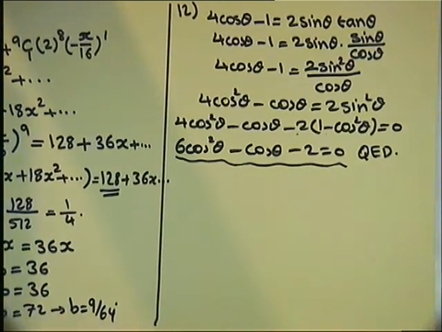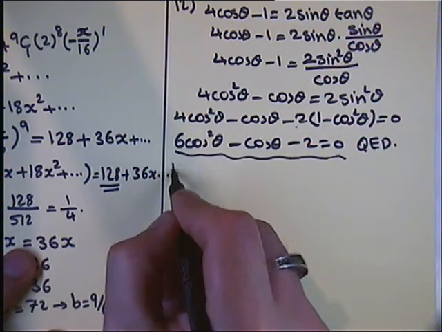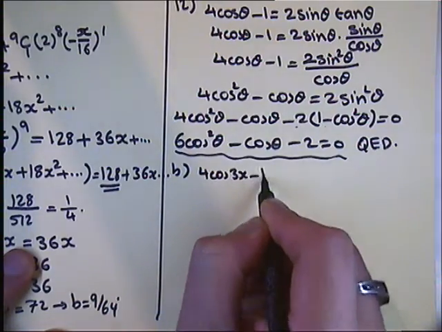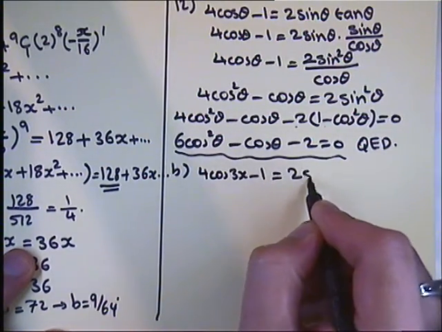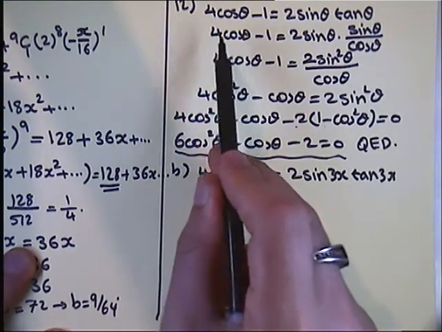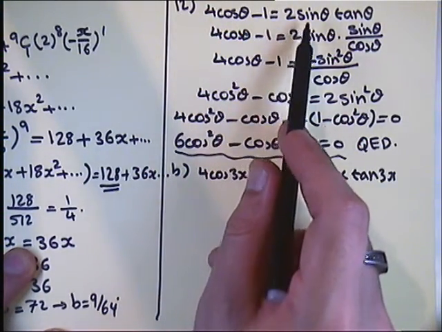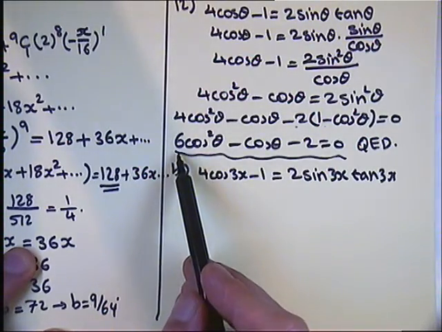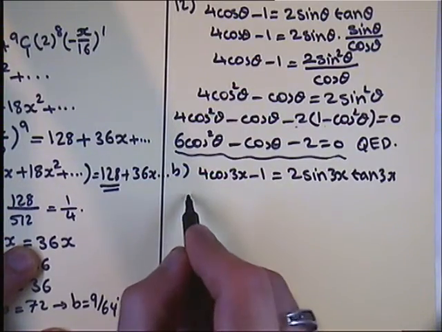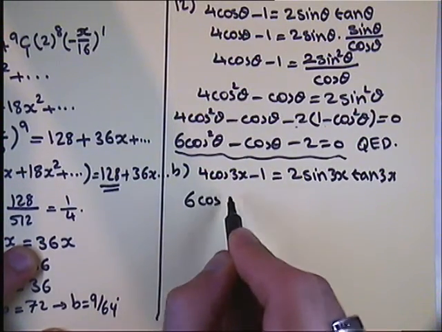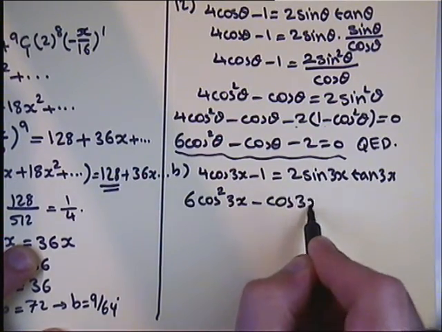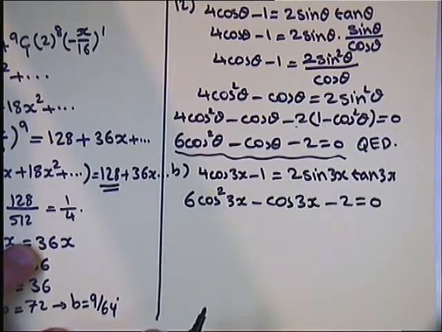Okay, so we want to solve 4 cos 3x minus 1 equals 2 sine 3x tan 3x. If we could write down 4 cos theta minus 1 equals 2 sine theta tan theta as 6 cos squared theta minus cos theta minus 2 equal to 0, then we can write down this one as 6 cos squared 3x minus cos 3x minus 2 equals 0.